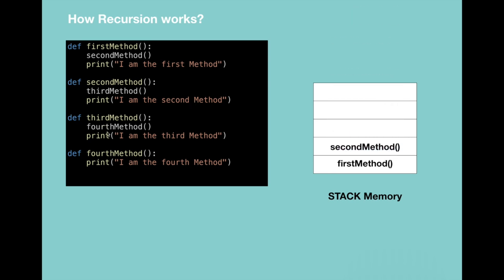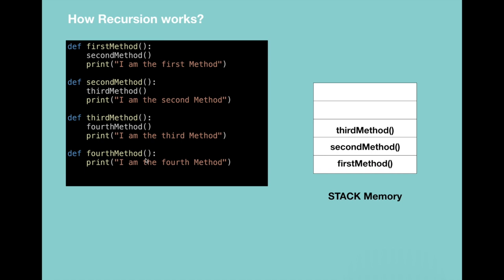And this is applicable for the third method, because it also calls another method before executing the rest of the code. So it will be pushed to the stack as well. The last method is the fourth method, which is executing one line of code without calling any function, which means that the system does not need to store it somewhere for calling back. So it will not be inserted in stack memory.